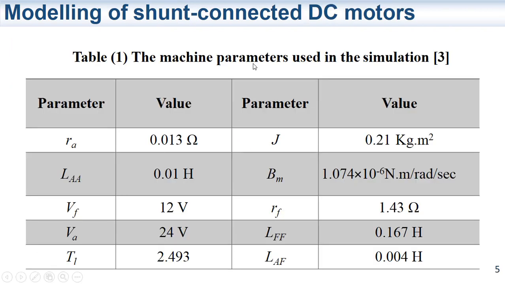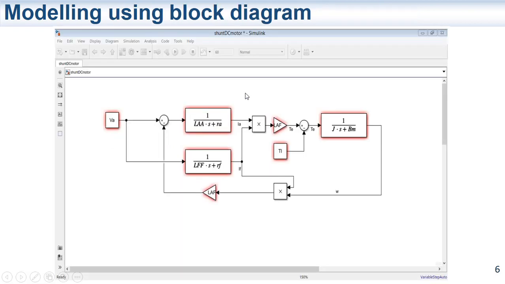The machine parameters used in this simulation are taken from reference number 3, and they are presented in table number 1. As mentioned previously, we are going to model and simulate the machine using three different approaches. The first one is to use the block diagram.